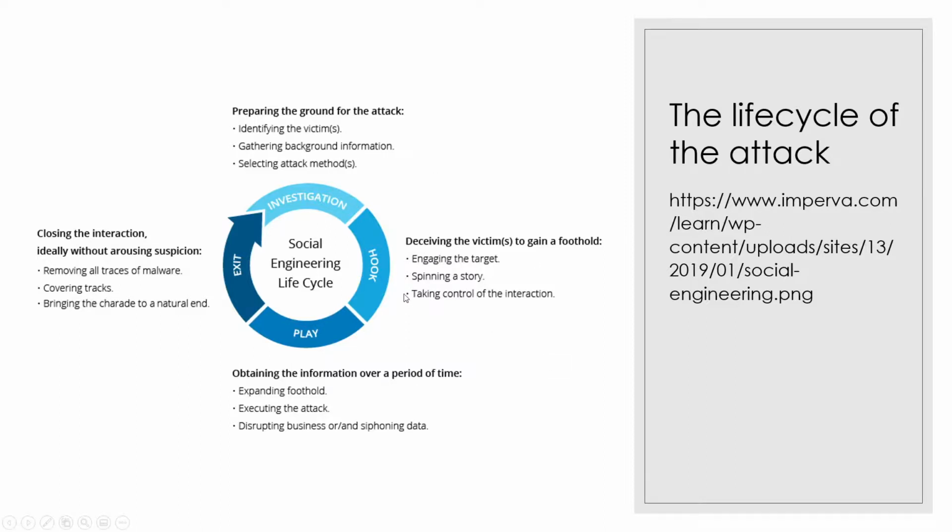So next, we deceive the victim or victims. There can be a group of people, to gain a foothold. We start making a story or scam, sham, or fugazi, as Matthew McConaughey said.